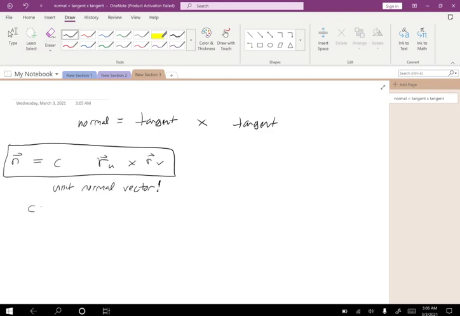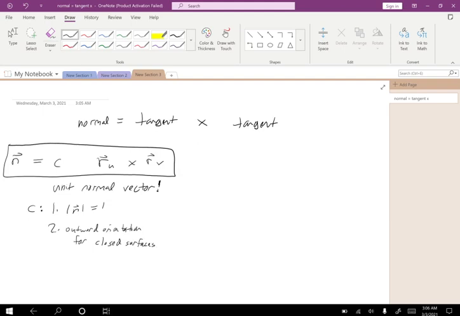And that C needs to satisfy, it's a unit vector, and it also needs to have a good orientation. So it'll have an outward orientation, for example, closed surfaces.